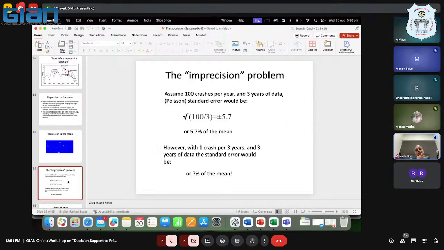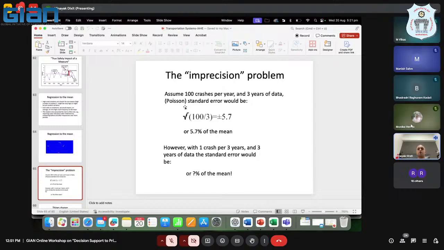So one of the first things people tried to do was to solve this imprecision problem. Because the data is discrete, you have the number of crashes per year, what you end up doing is using something called a Poisson distribution.